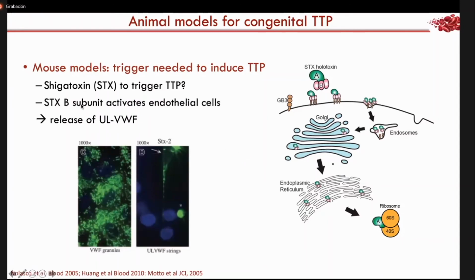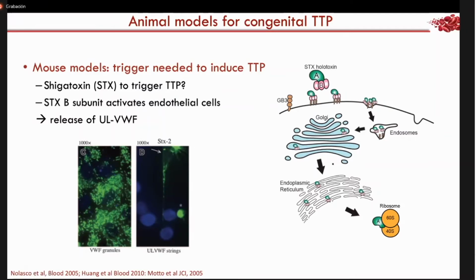Now, it was shown that the Shiga toxin B subunit, as you can see here, which is not the toxic part, when it binds to endothelial cells, it actually increases the release of ultra-large VWF multimers. And here on the left photograph, you can see these ultra-large VWF strings.